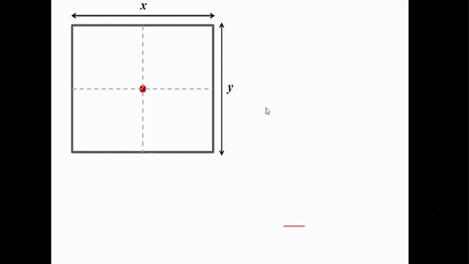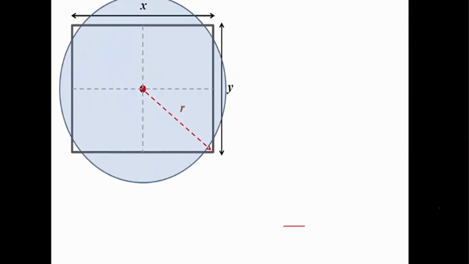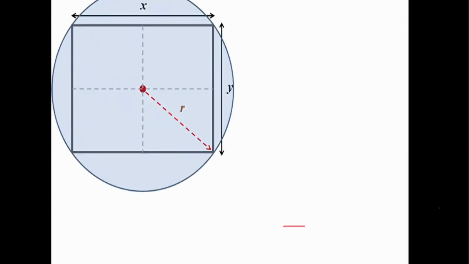Now, what is the distance in terms of X and Y that should be protected? It's very simple. For this case, it is simple. So if I protect the edge of the building, one of the edges of the building with radius R, then can you see that I'm protecting the entire building?